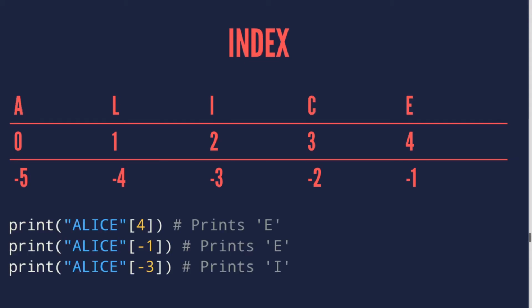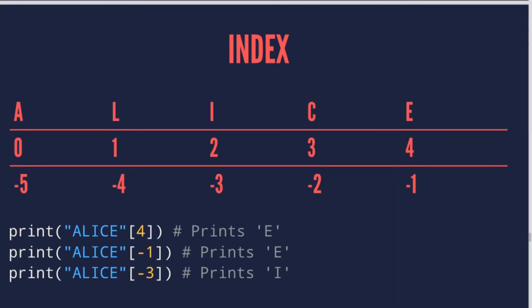If you have a look here, these are just showing you 2 different methods of using your index. So if we did print Alice square brackets 4, it's going to give us E. But if we did print Alice -1 in square brackets, it'd also give us the same thing. So -1 is always the last letter or the last character of your string, and then it moves to the left. So -1, -2, -3, -4, -5.